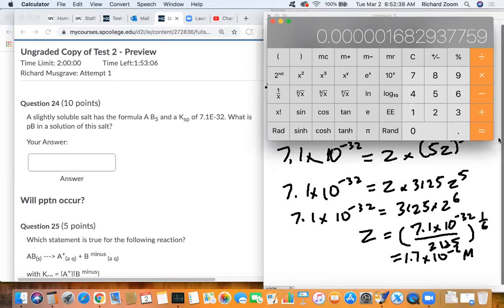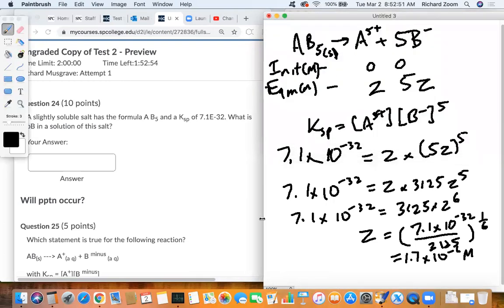And that gives me the same answer. Does anybody have any questions? Okay, so that's Z. Now, if you look at what it's being asked for here is pB. And that's not lead, by the way.